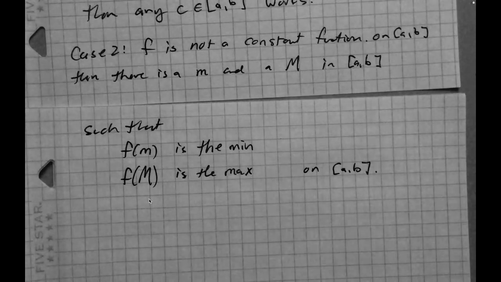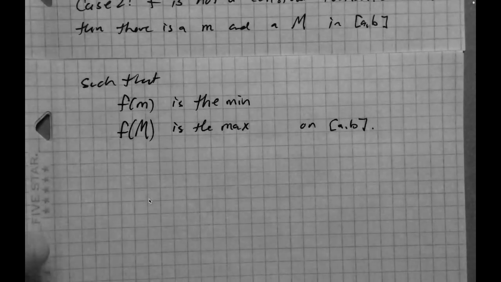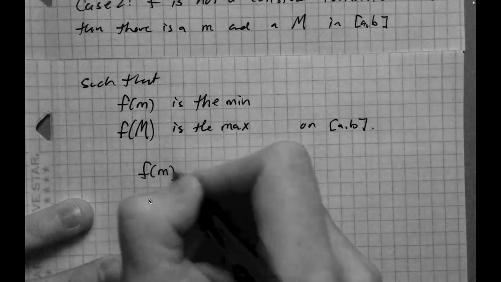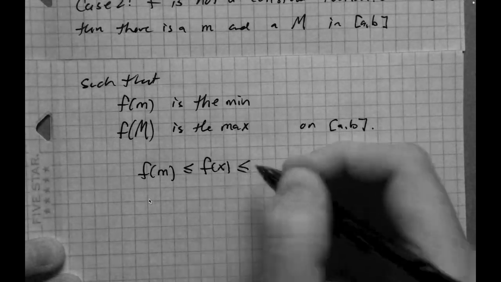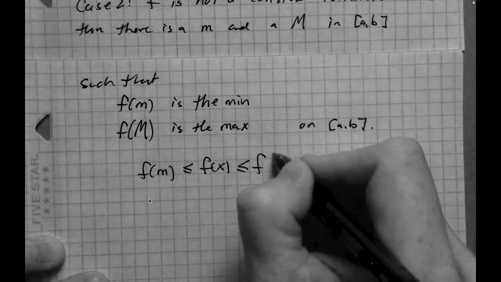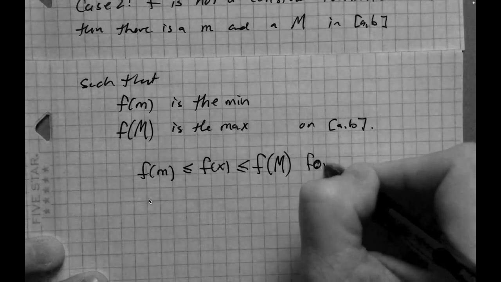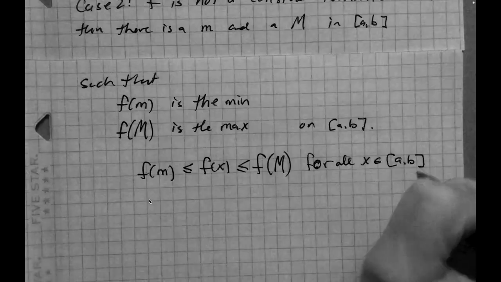Now just to restate that, what does that mean? Well, that just means that f of little m will be less than or equal to f of x, which will in turn be less than or equal to f of big M, for all x in the interval [a, b].